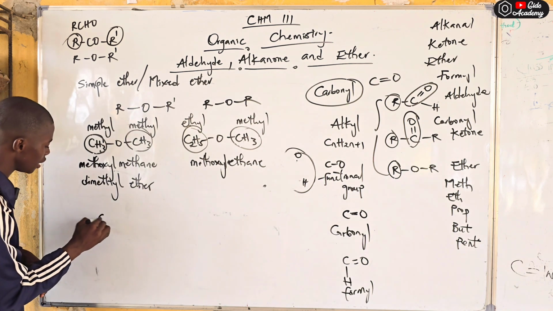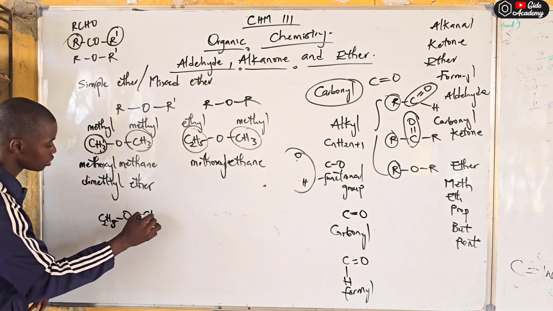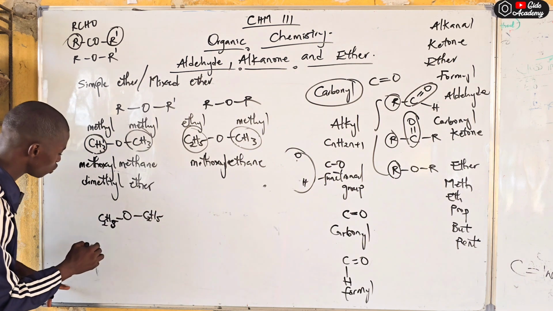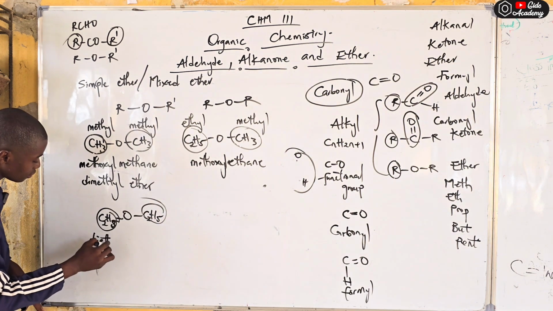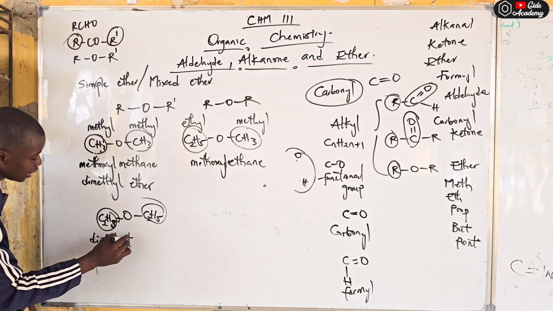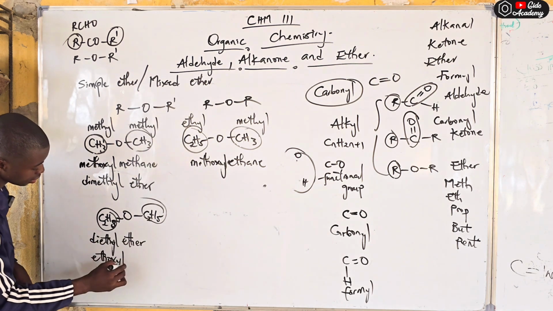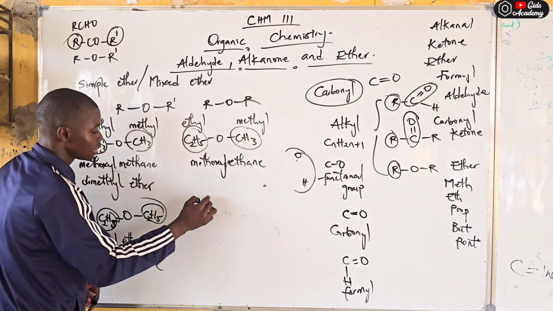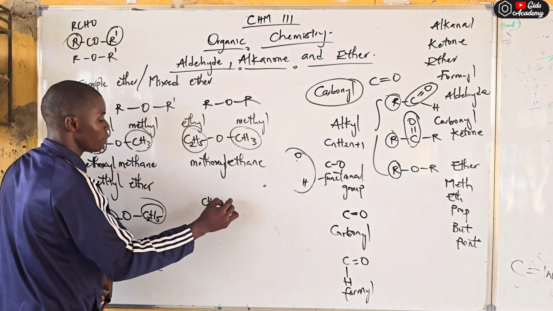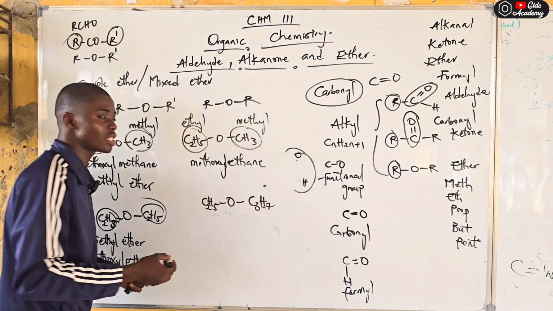But assuming you have a C2H5O C2H5, this one will now be what? Ethyl ether, or ethoxyethane. Then what about if you have something like C2H5 bonded to oxygen bonded to C3H7? Now, which side are we going to count from?